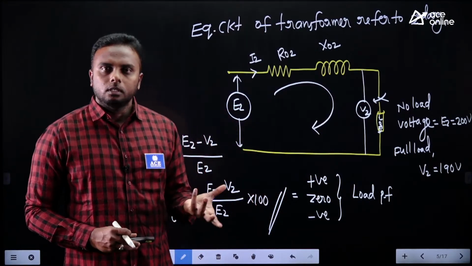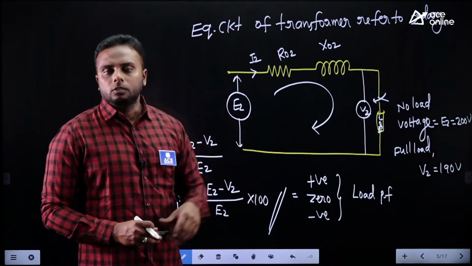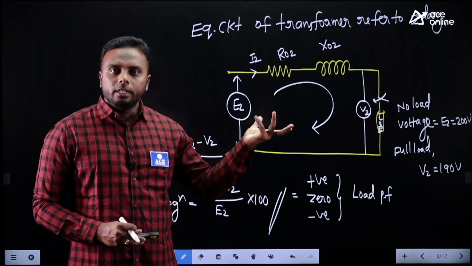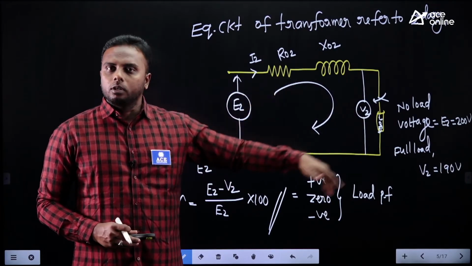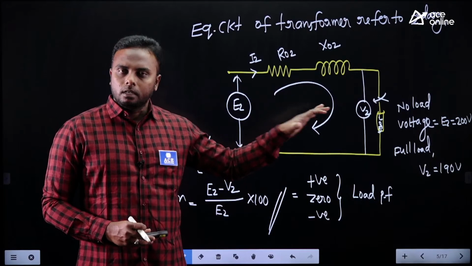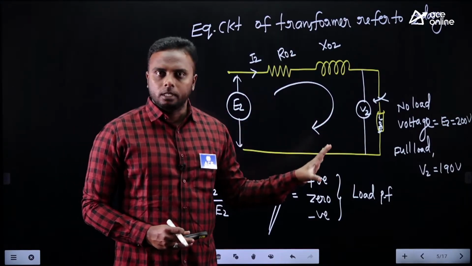Sometimes 50% load, sometimes 40%, sometimes 60%, so the loads fluctuate. But generally we take full load condition because the maximum drop is possible there. Full load means high or rated current, so the maximum voltage drop takes place. That's why we always consider full load operation.